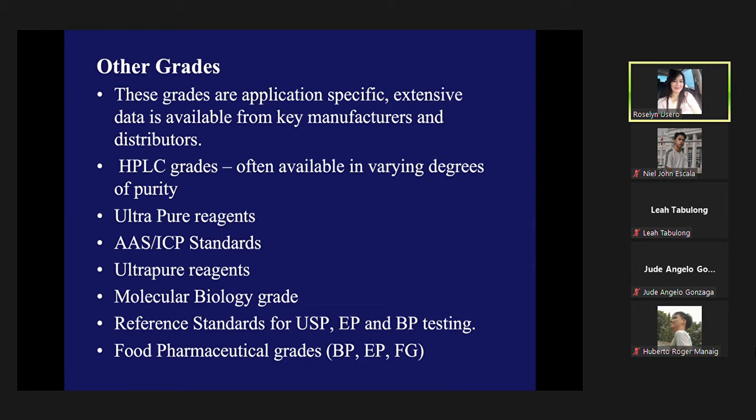These grades are application specific, meaning may purpose sila nga hindi siya pwede magamit sa iban, or kinahanglan gamiton mo for a specific use. Extensive data is available from manufacturers and distributors. Example, the ones used in HPLC test or analysis.